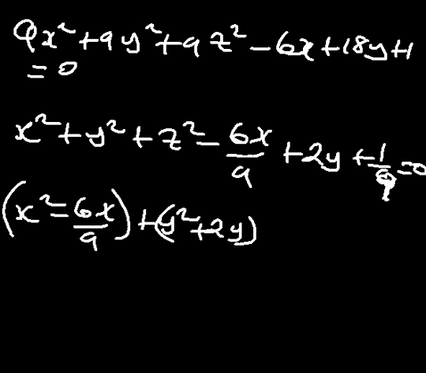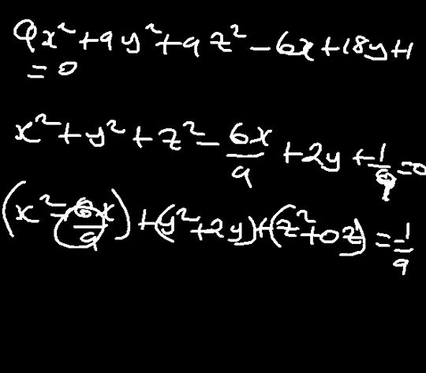But for z squared, we do not have a linear term, so we indicate it as plus 0z. Then we have that equal to negative 1 over 9. That's how it works. So in this case, we have a being given as negative 6 over 9, here we have a positive 2, and here we have c being 0.